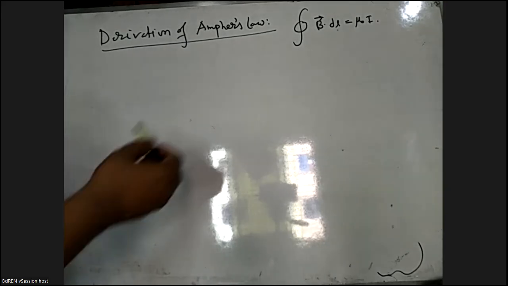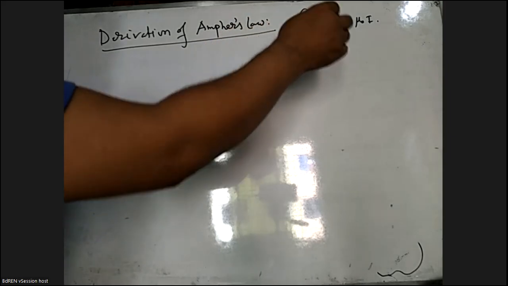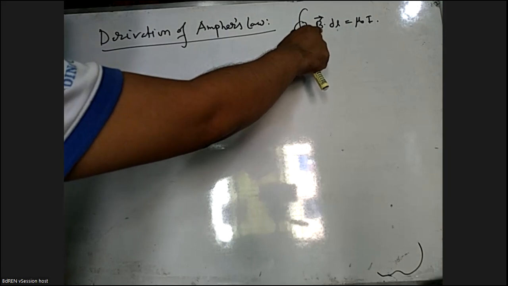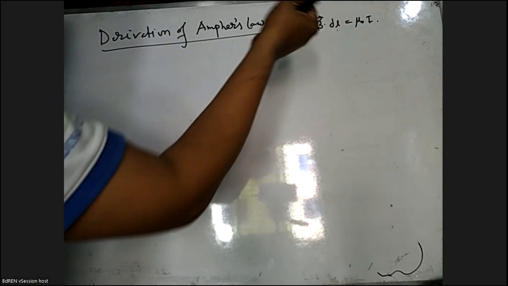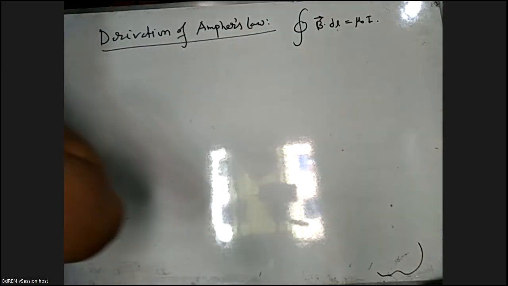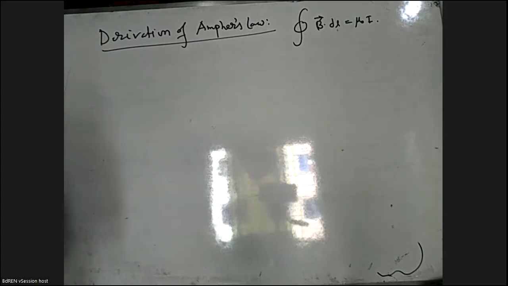Ampere's law is the line integral of the magnetic field dot product with the small length dl, which is proportional to I, and the proportionality constant is mu naught here. So let us consider a conductor in which the current I is produced.